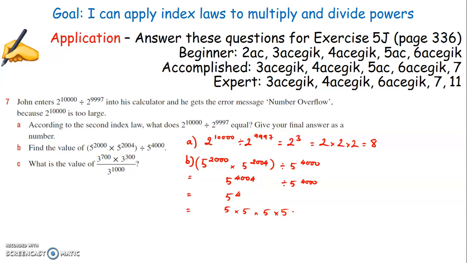I'm going to do it by hand just to show you how to do it. So 5 times 5 gives us 25. 25 times 5 would be 125. And 125 times 5 would give us 625 as the answer.